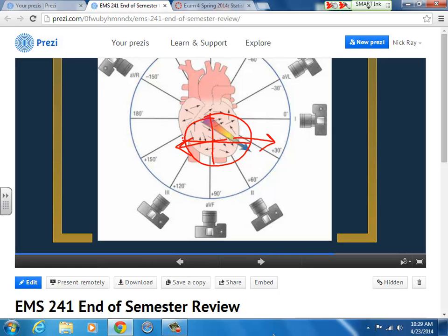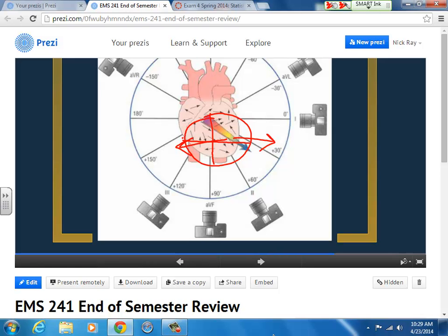What would cause electrical current to go more towards the left side of the heart? Like dead cells where they can't conduct. Okay, so you're thinking of opposite, alright?